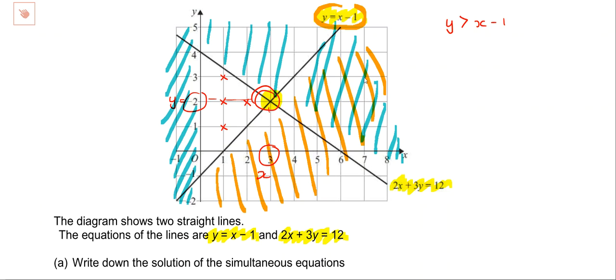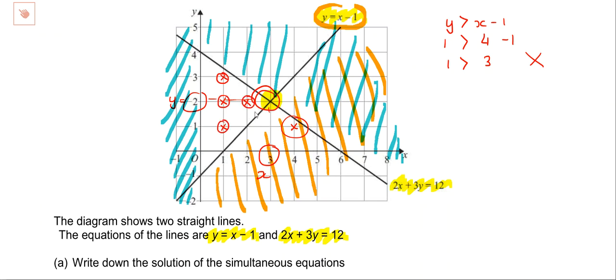The y is 1. So 1 has to be greater than 3, and it's not. So therefore, that point is not allowed. That's why I shaded all that region orange. So we're only allowed these points.